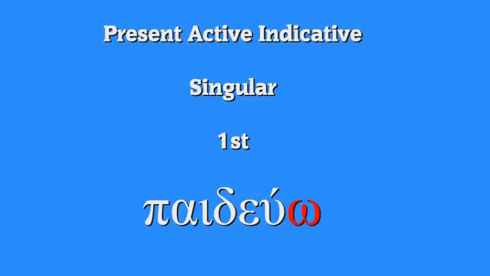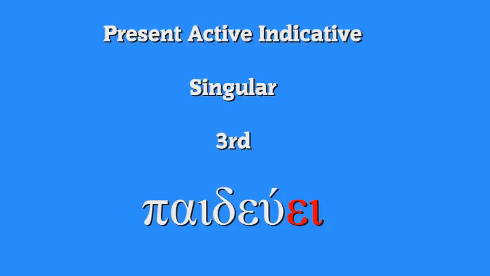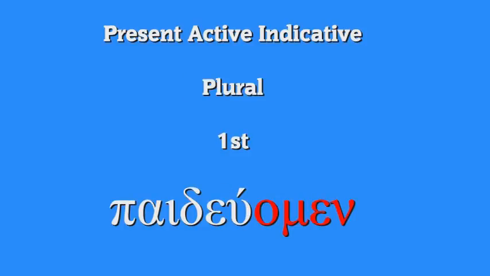The second person would be pe def is, which would mean you teach or you are teaching. And the third person would be pe def I, which means he, she, or it teaches, or he, she, or it is teaching. For the plural, the first person would be pe def omen, which means we teach or we are teaching.